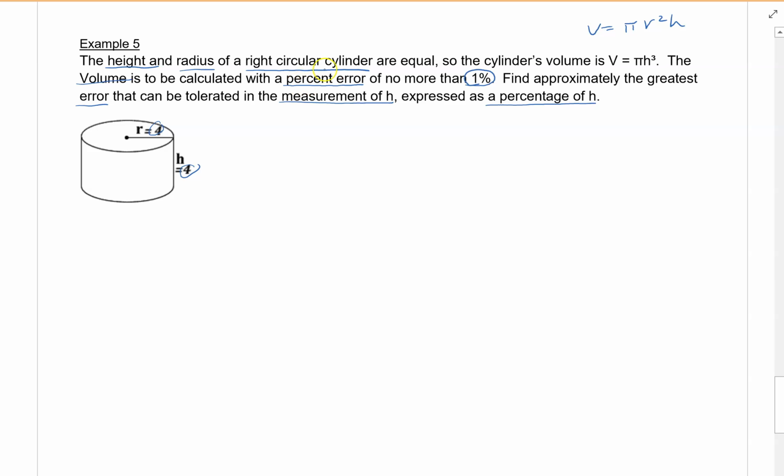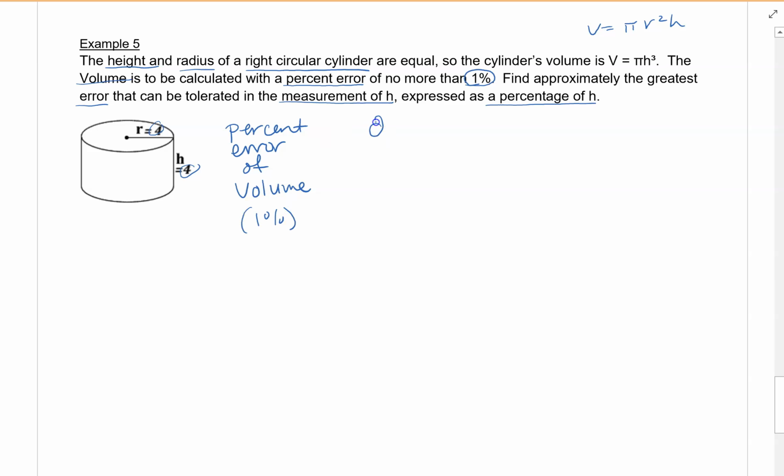What we're being given is the percent error of volume, so we're going in the reverse direction. Normally we start with the error measurement, go to propagated error and then percent error. Here we're doing the exact reverse, starting with the percent error of volume, which has to be within 1%.